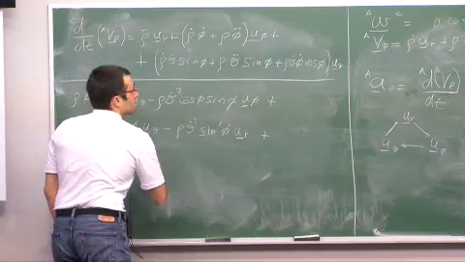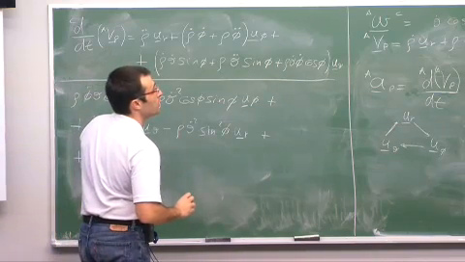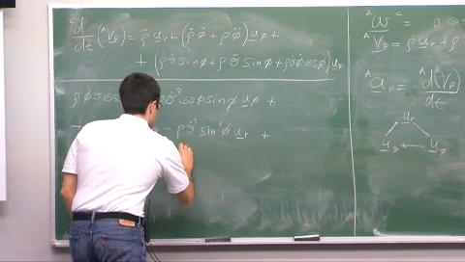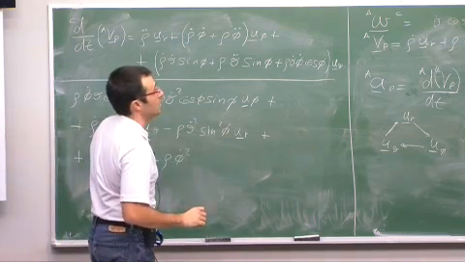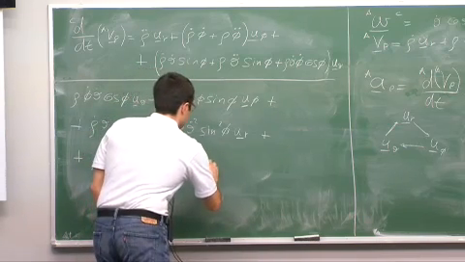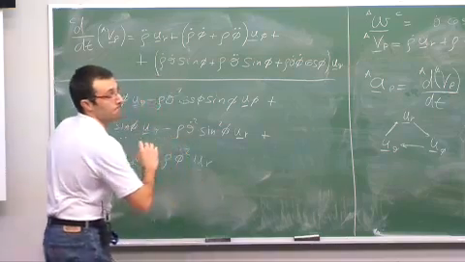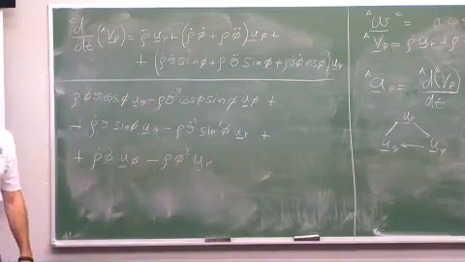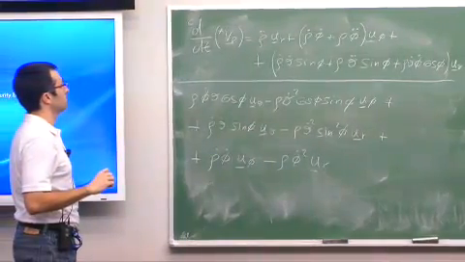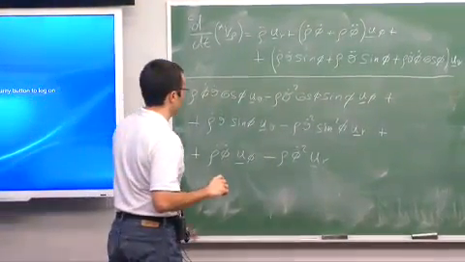So I have a minus rho phi dot squared multiplying ur. Okay? Do we all agree?